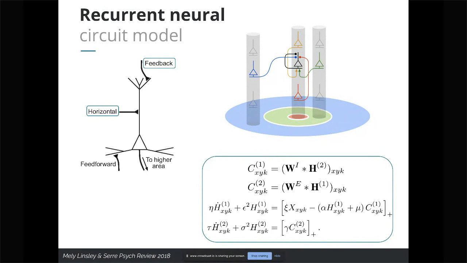So I'm not going to tell you very much about this model. This is published, and this is really just a motivation for the remainder of this talk. I'll just point out that there are two key parameters in this model, WI and WE, which characterize the synaptic connectivity within the model.